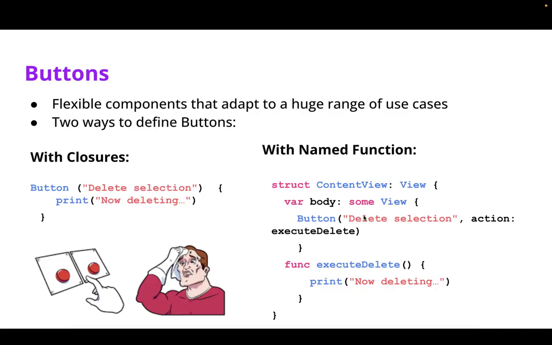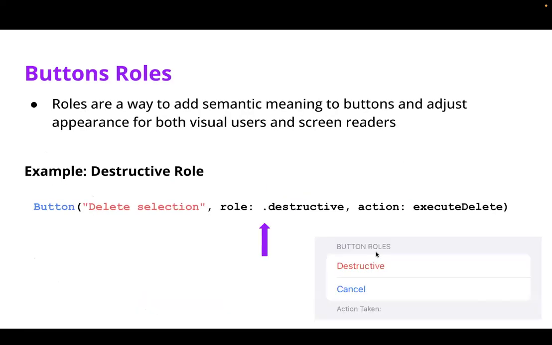So in this case, the structure is the same, except after clicking delete selection, we're defining an action that our button is going to take, and it's defined as action and then this function execute delete. So basically, when a user clicks this, it'll call this function execute delete, which in this case does the same, just prints out now deleting. But in case you want to make the functionality more complex, this is a good way to do that in a modular and clean way.